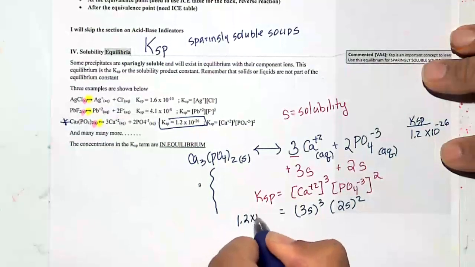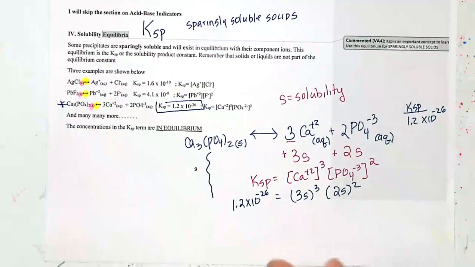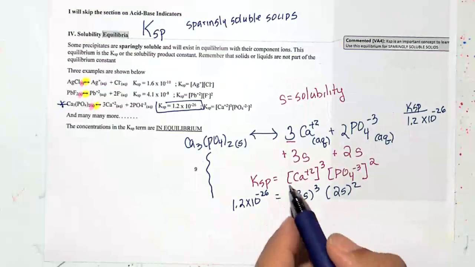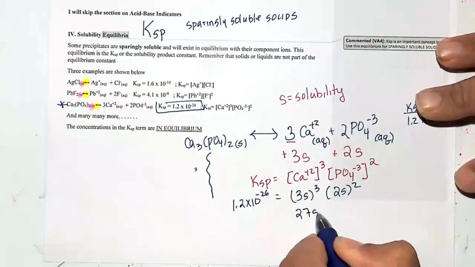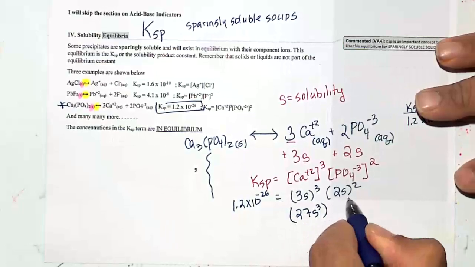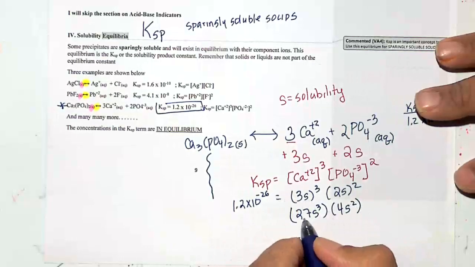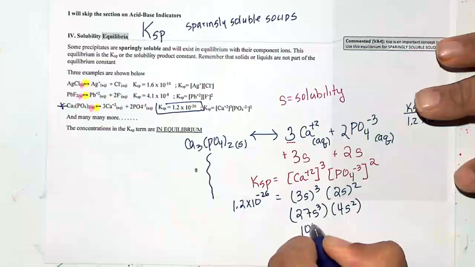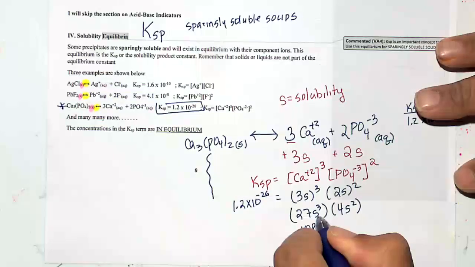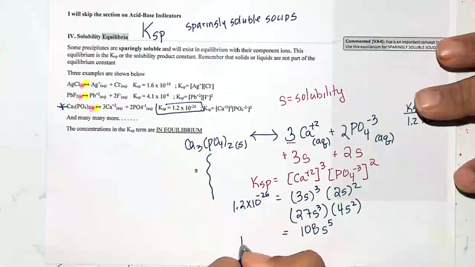I'll give you that KSP: 1.2 times 10 to the minus 26. (3S) cubed is 27S cubed. (2S) squared is 4S squared. 27 times 4 is 108. And then S cubed times S squared is S to the power of 5.